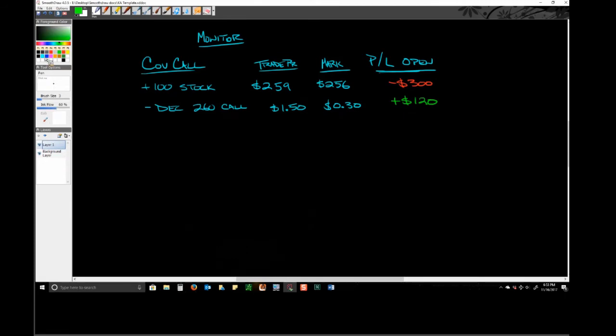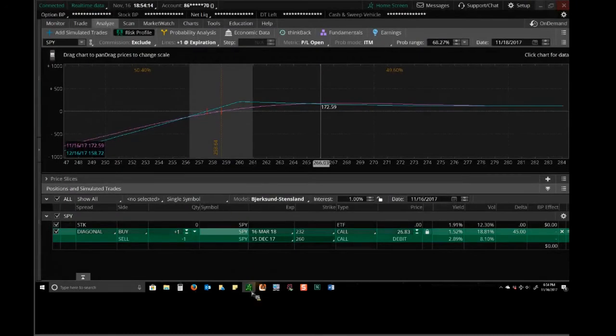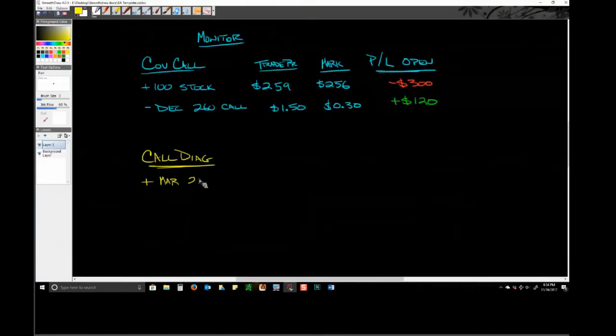Now it's the same thing with this call diagonal spread, which is essentially a synthetic covered call the way we're doing it. We bought the March 232 call option, and then I sold the December 260 call.